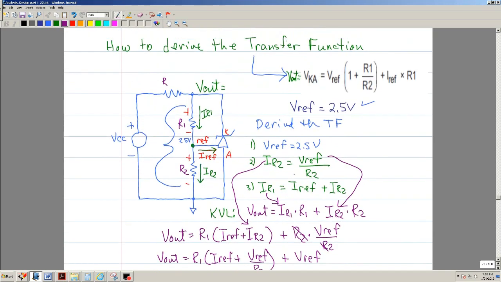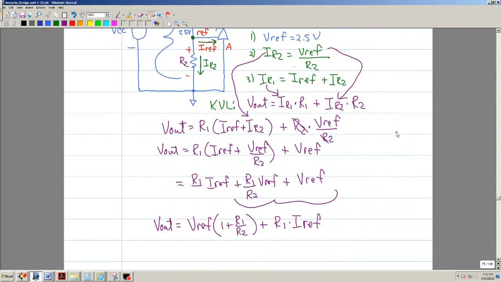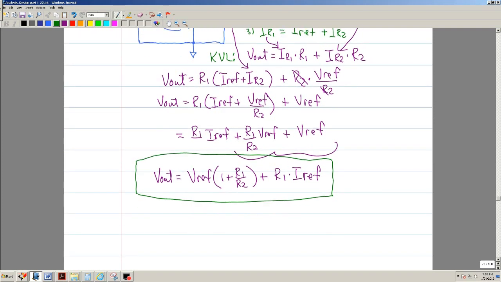Okay, so is that the same equation? It should be. Yes, that's the same equation. Okay, so I got it right. Okay, so that makes sense. So that's the transfer function, and I just showed how it is derived.